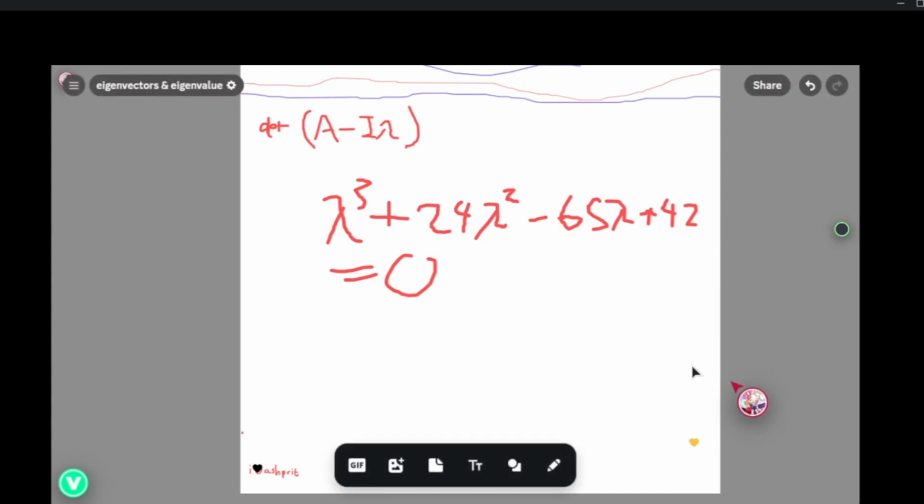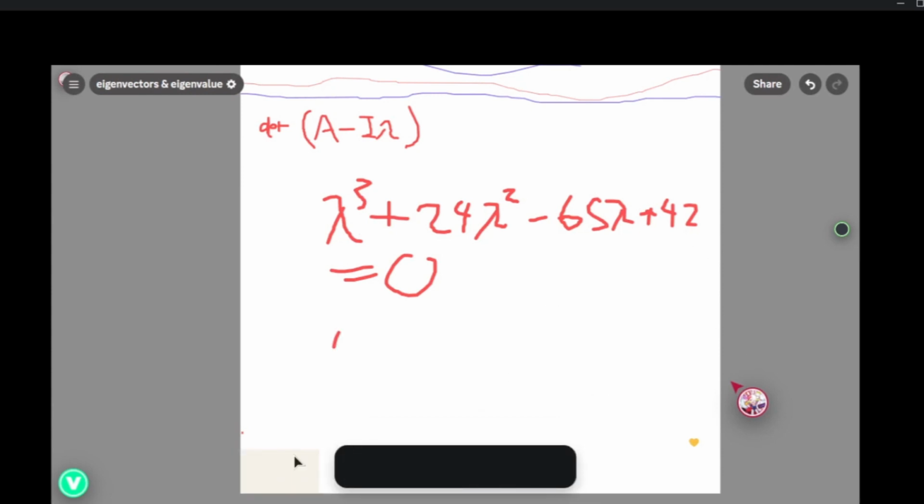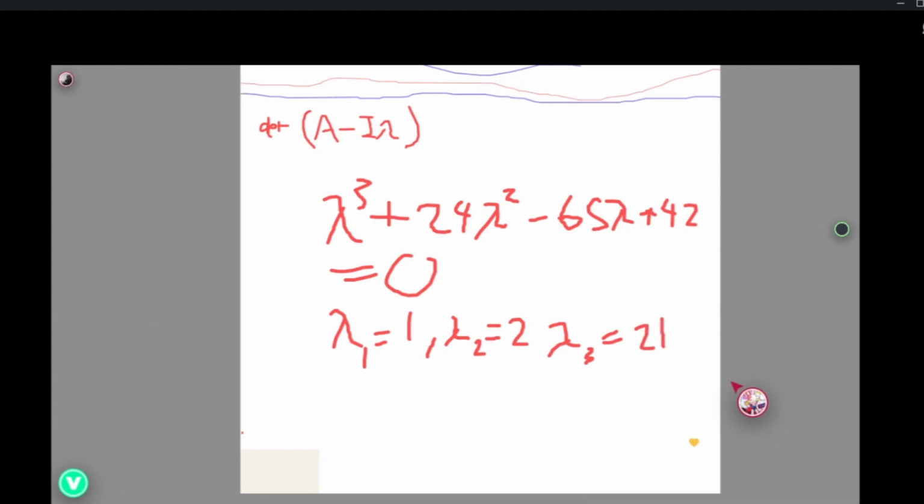So I can't really show you the quadratic formula and solve this for you, but the solutions when you plug them into an online calculator or something would be 1, 2, and 21. These are the solutions to this order 3 polynomial we have here.